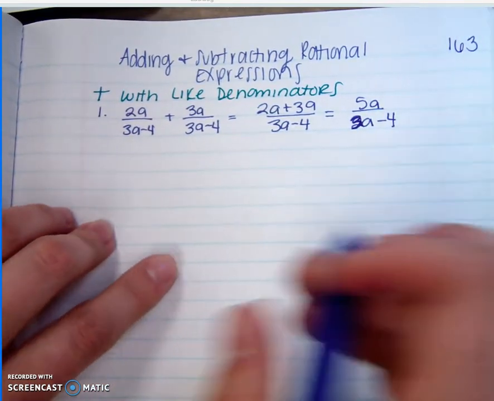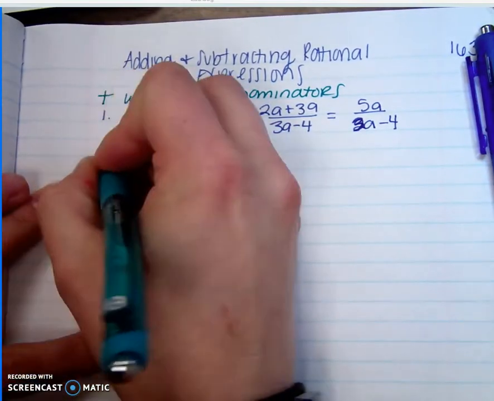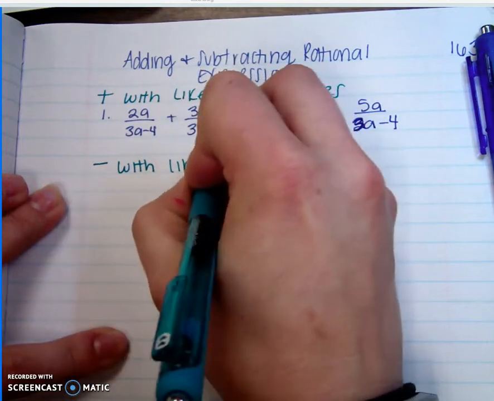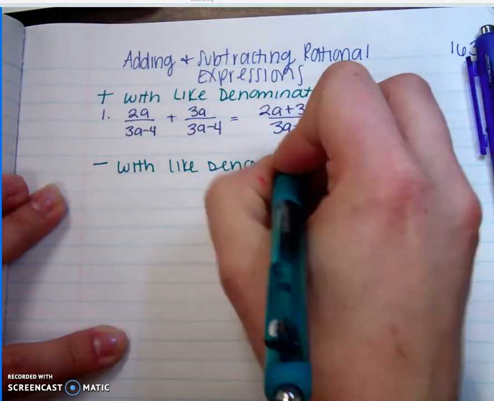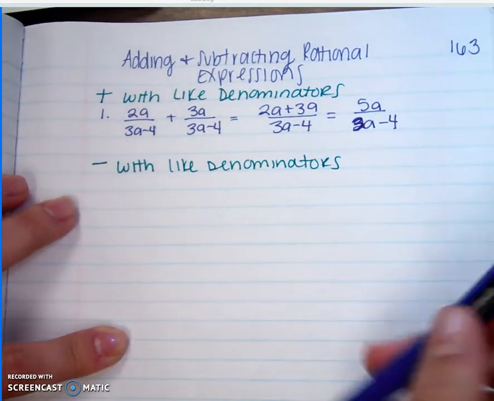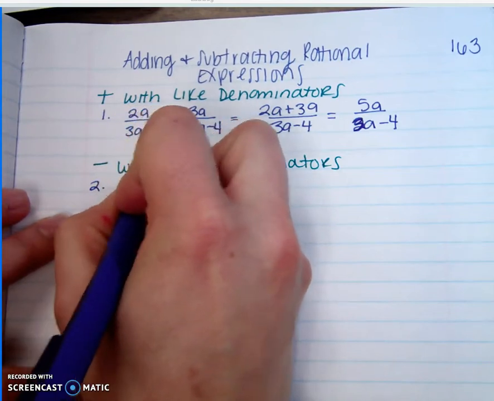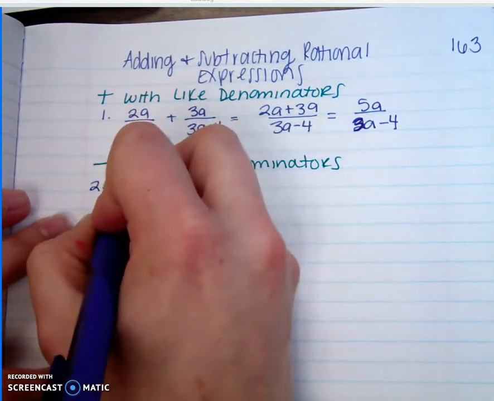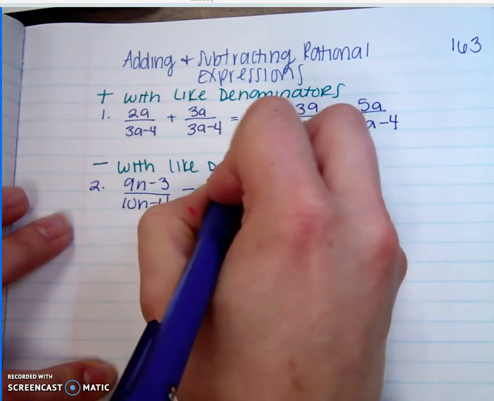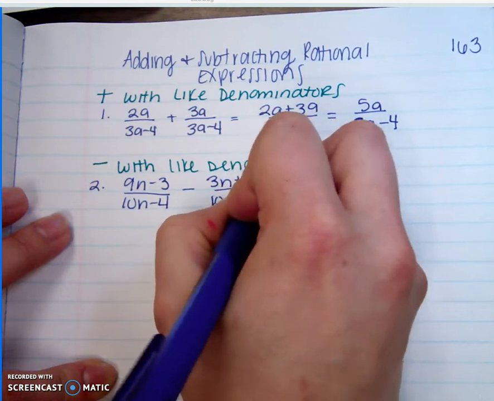All right, good. Now, if we were to subtract with like denominators, let's say we had 9n minus 3 over 10n minus 4 minus 3n plus 5 over 10n minus 4.